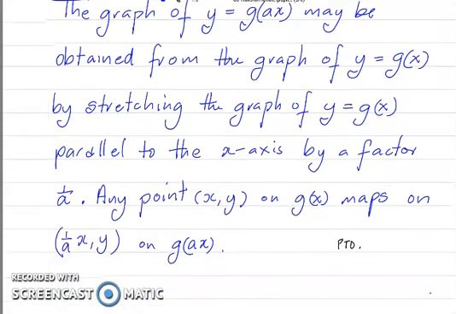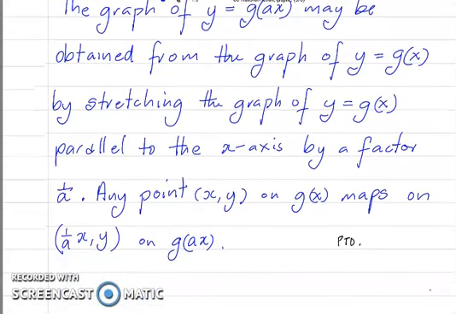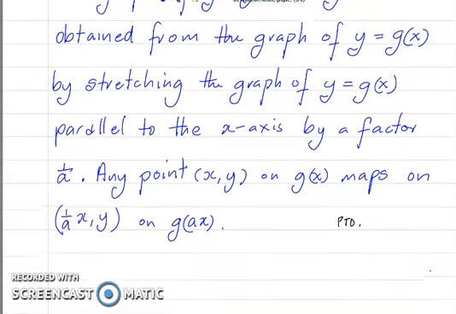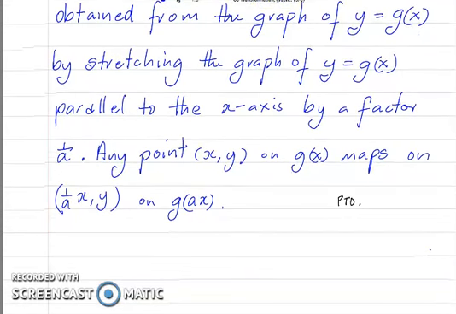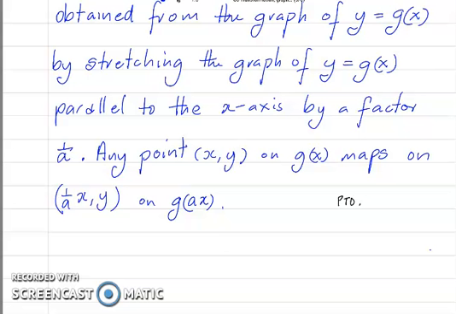Now, any point x, y on g of x maps onto 1 over a x, y on g of a plus x. All right, so it's a mouthful. Let's actually just see it in action.